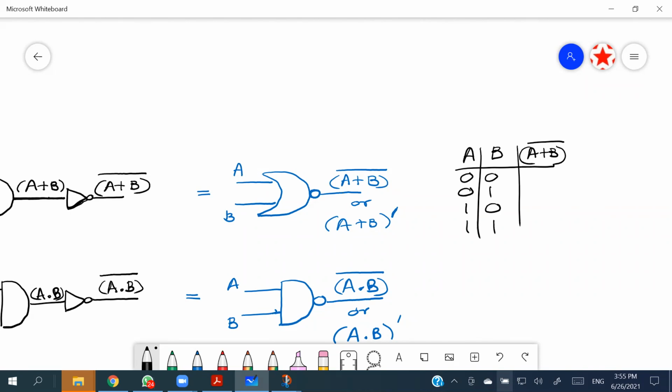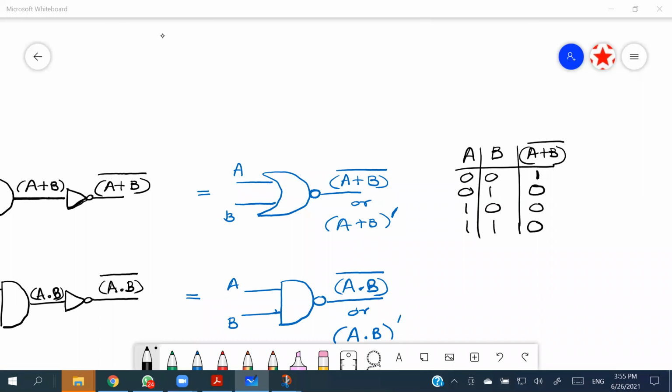Once it is complemented, you receive 1. 0 plus 1 gives you 1. Once it is complemented, it is 0. 1 plus 0 is 1. Once it is complemented or inverted, it is 0. 1 plus 1 is 1. Once it is complemented, it is 0. So this is going to be its truth table.